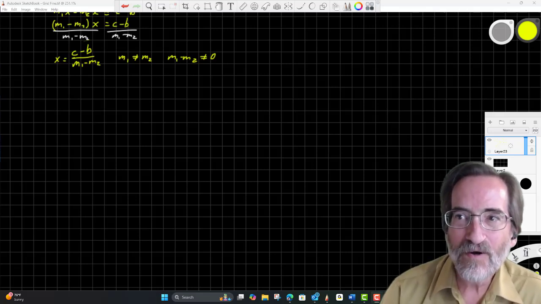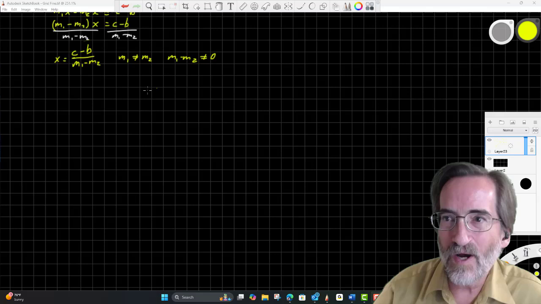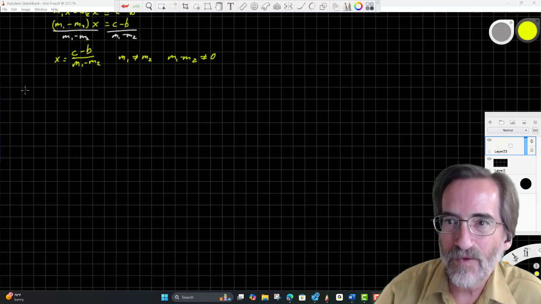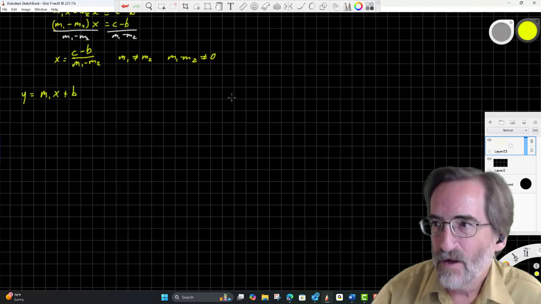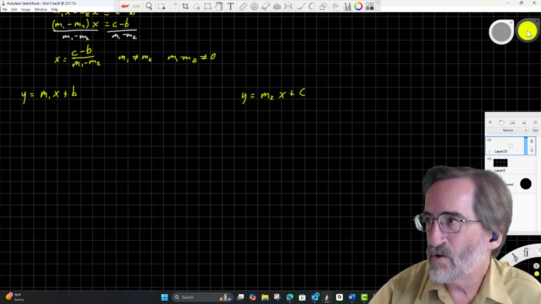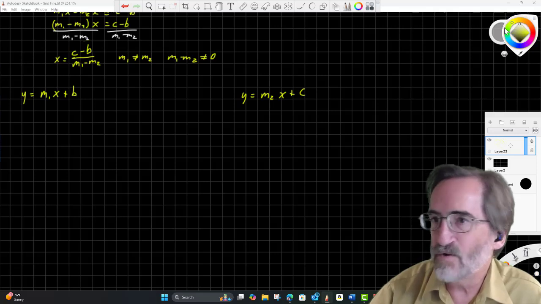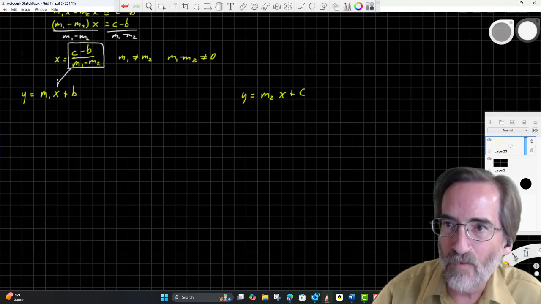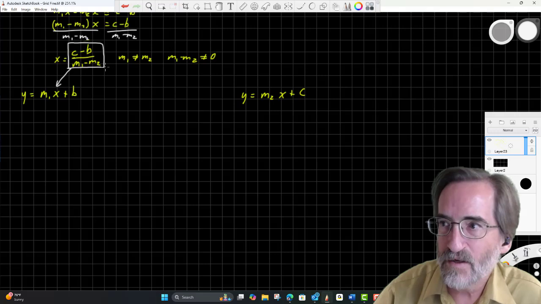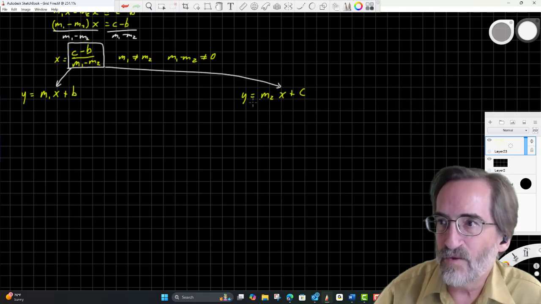Okay, let's verify this by finding the y value for both equations. Remember, we have the equations y equals m1 x plus b and y equals m2 x plus c. What I'm going to do is substitute the value of x, this value right here, (c minus b) over (m1 minus m2), in for x, right there and right there.